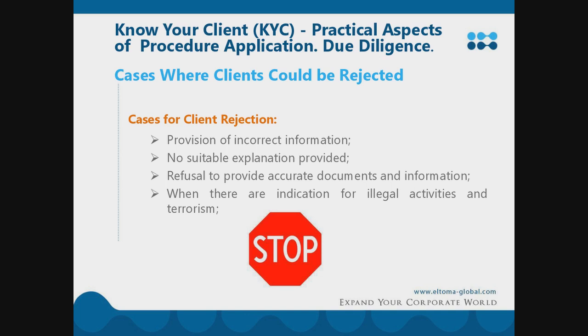You need to stop providing any services to the client and reject the client if he provides you incorrect information, if he provides you no suitable explanation about his transactions or about his activity, if he refuses to provide accurate documents and information to prove any transaction or any changes in his company structure, and when there are indications of illegal activities and terrorism.